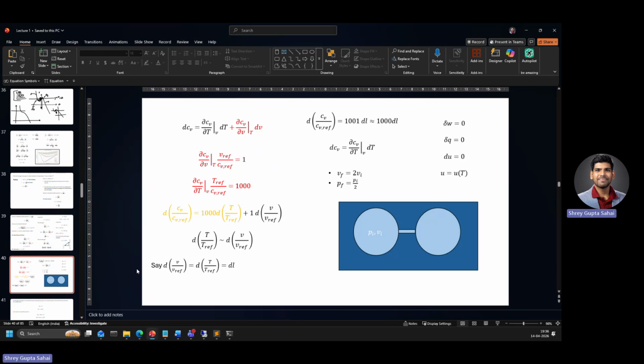And I also discussed if we can actually consider Cv as a function of temperature alone. What does that require?